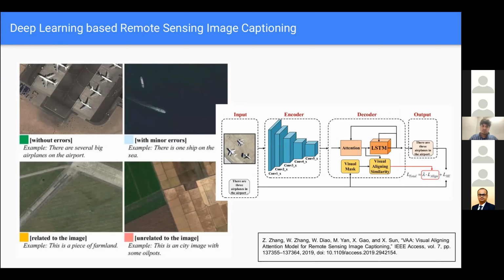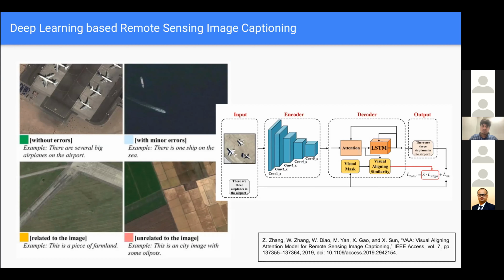In the specific work that we are viewing on the slide, the encoder is a normal convolution neural network that translates the image into a set of features, and the decoder takes as input those features and tries to generate a set of words that would form an English language sentence, right?